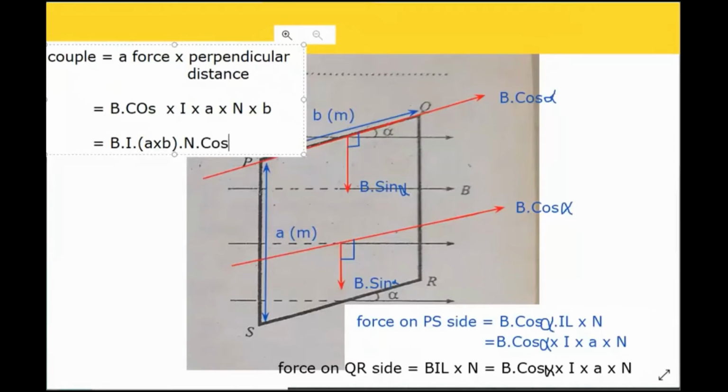Length into width is the cross-section area. So finally, we will obtain the answer as B I into cross-section area into N into cos alpha. Check whether you can understand this. Is this clear for all?